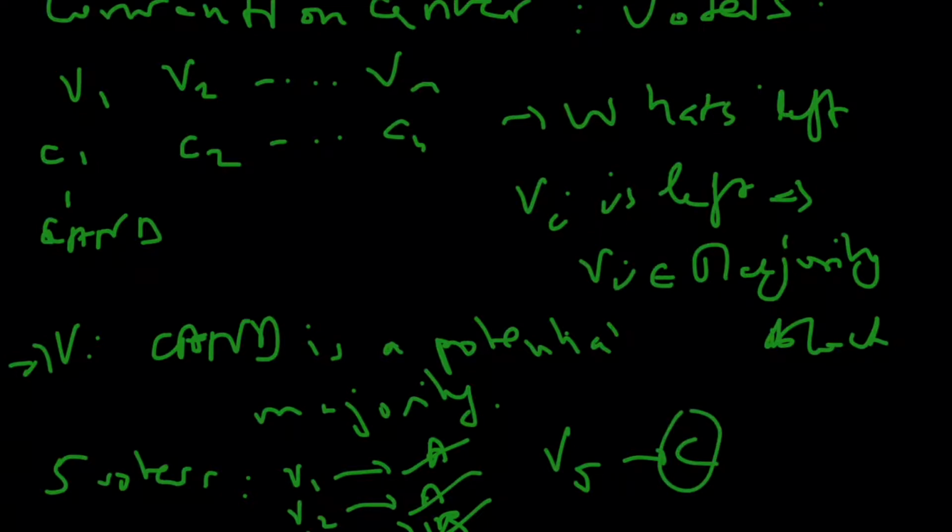C is not a majority, but it's just the last one, and it has only one element after those have knocked down each other. So C will be left, but it's not the majority element.